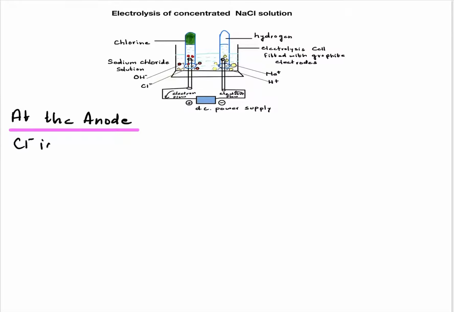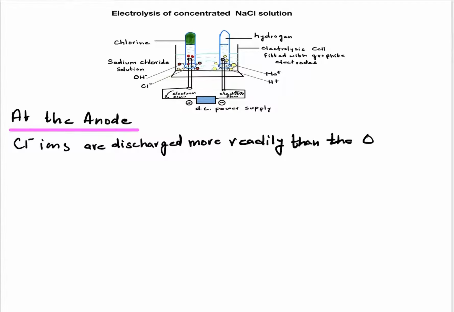Chloride ions are discharged more readily than the hydroxide ions. So what will happen? Chloride will form chlorine plus electrons.